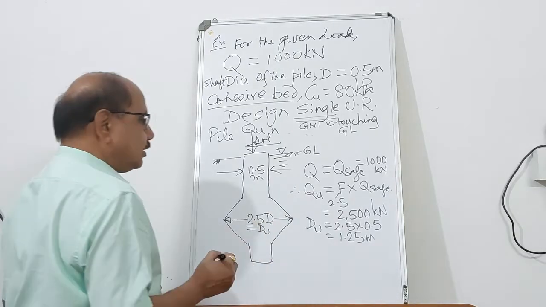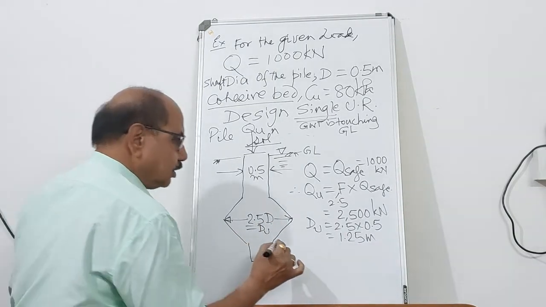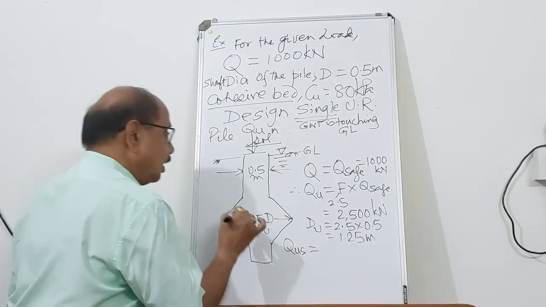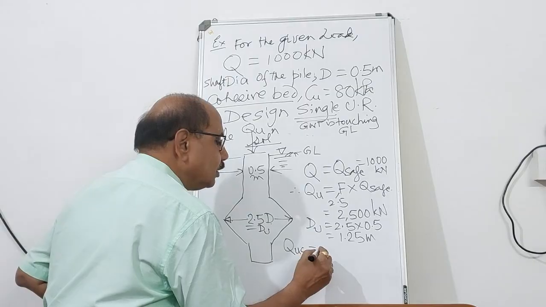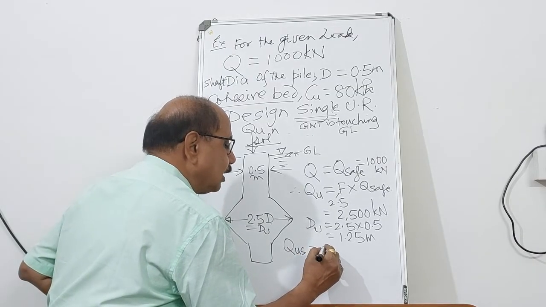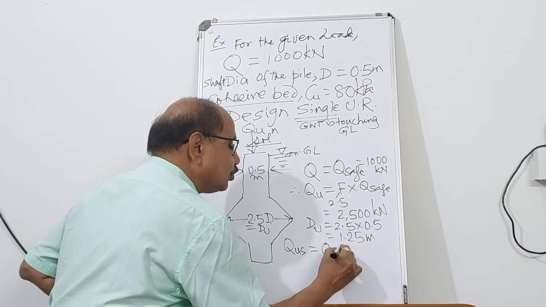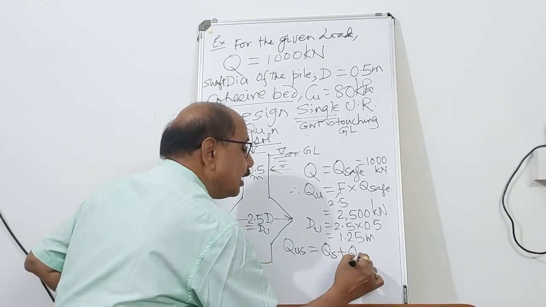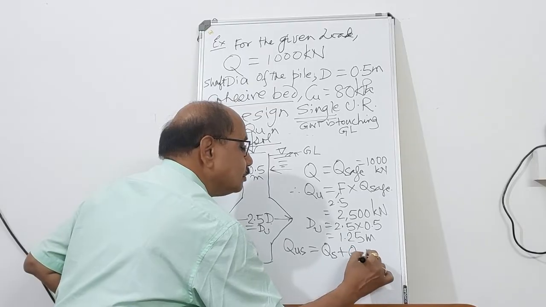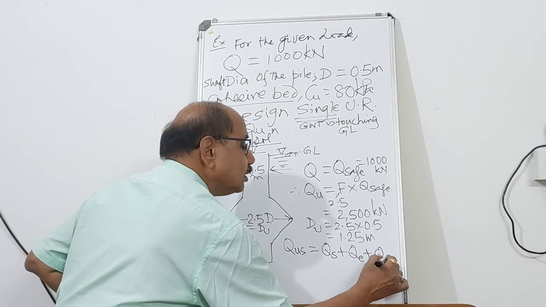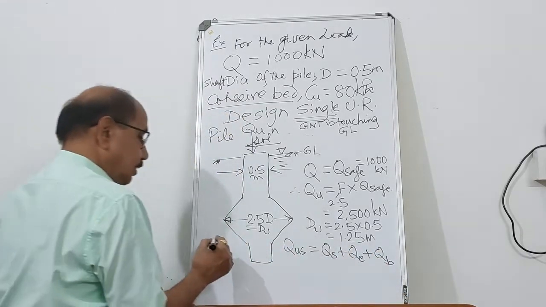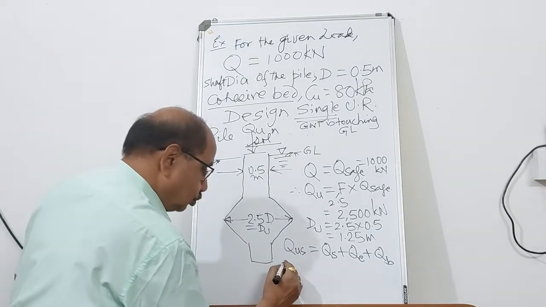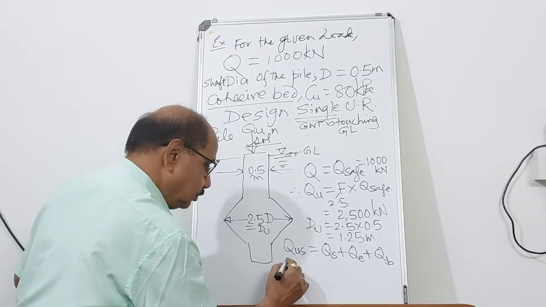Having calculated this, now the ultimate load carrying capacity is going to be load carried due to skin friction, load carried at the pile's tip, and load carried by the bulb. So this is the axial load, 2500 kilonewton.